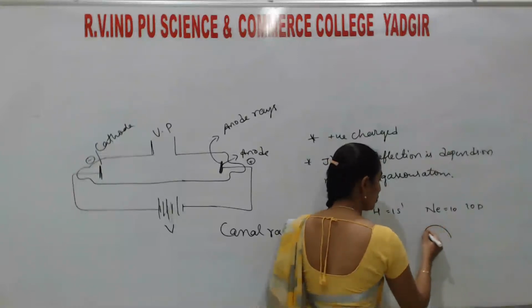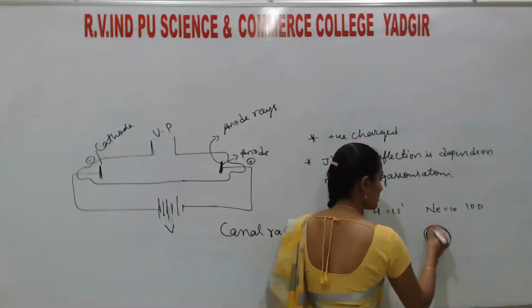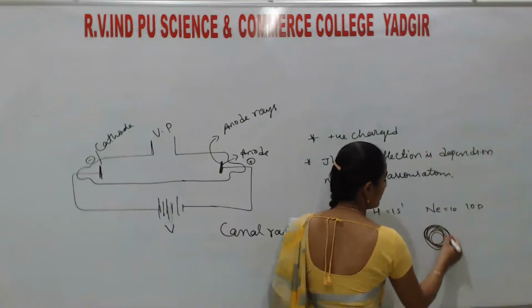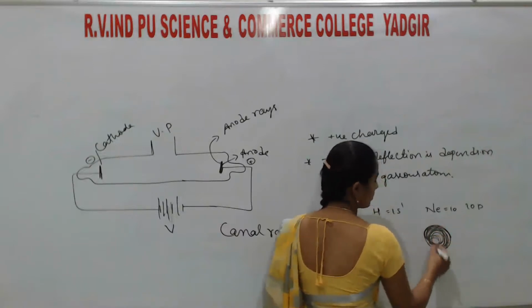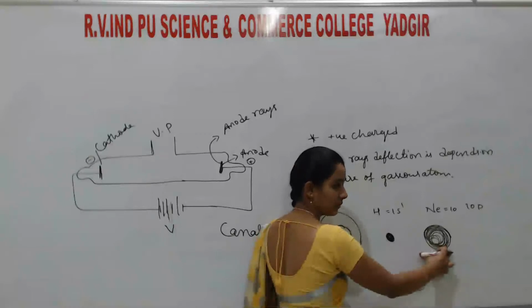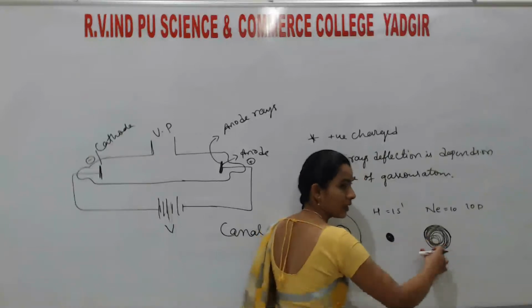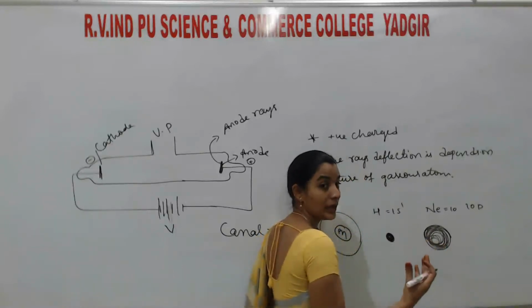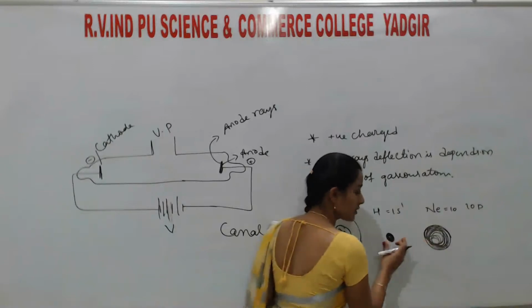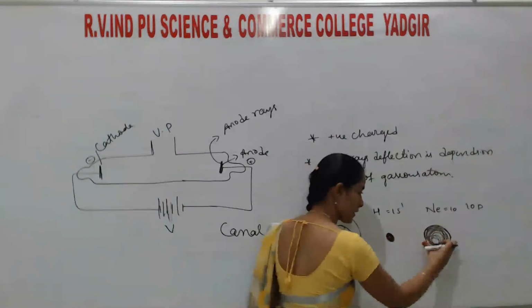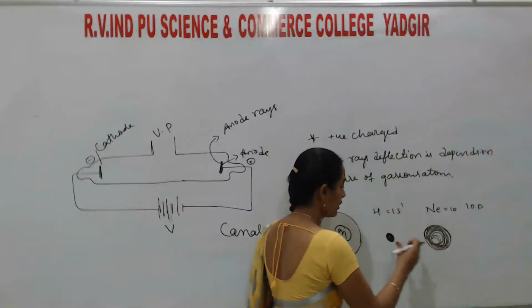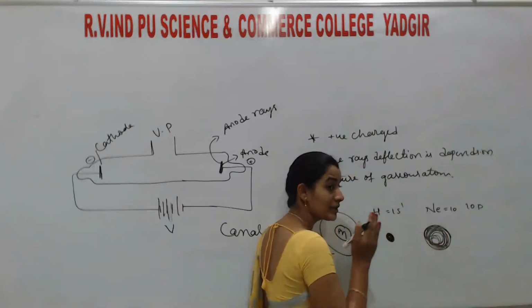Understood? So the nucleus is this much big because it consists of 10 protons and neutrons. This is small, this is big. So of course if the size is more, deflection is more. If the size is less, deflection is less.